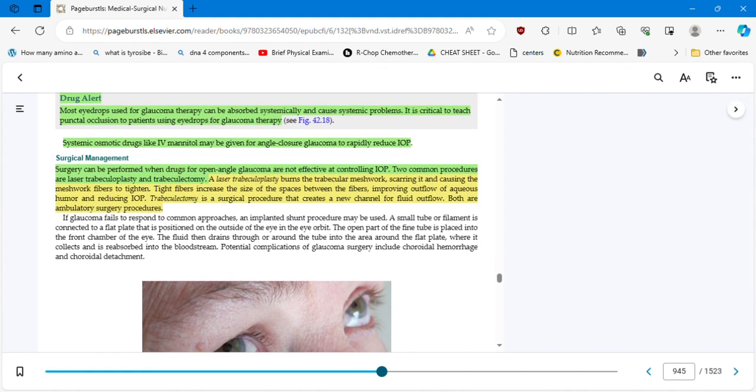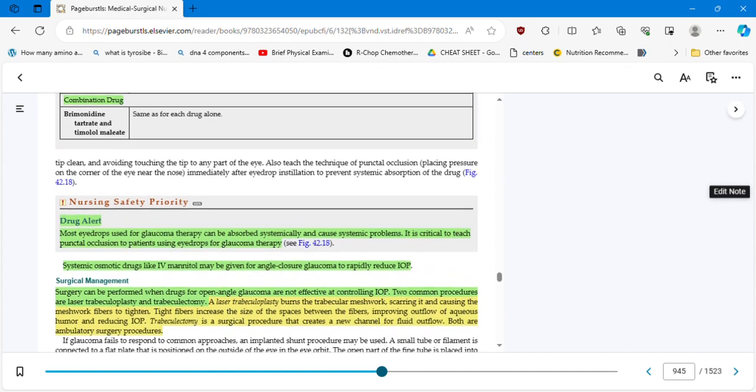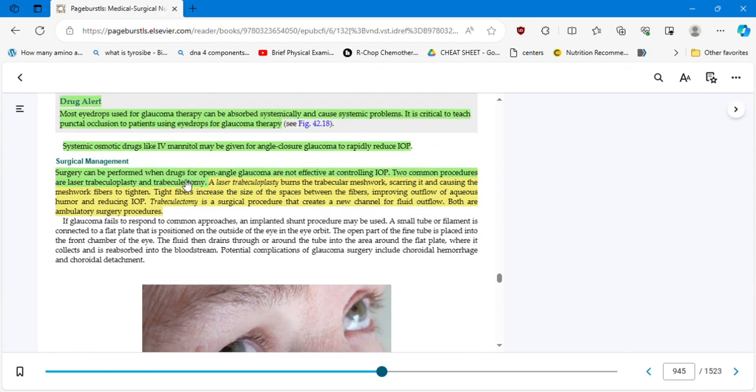Okay. Most eye drops used for glaucoma therapy can be absorbed systemically and can cause systemic problems. It is critical to teach punctal occlusion to patients using eye drops for glaucoma therapy. Surgery can be performed when drugs for open-angle glaucoma are not effective at controlling IOP. Two common procedures are laser trabeculoplasty and trabeculectomy.